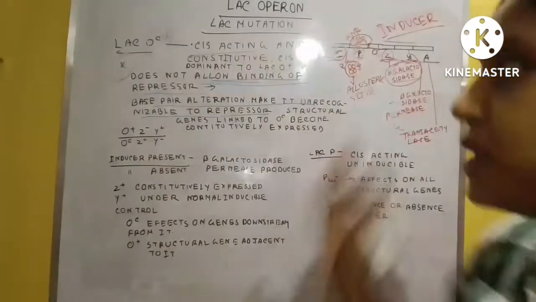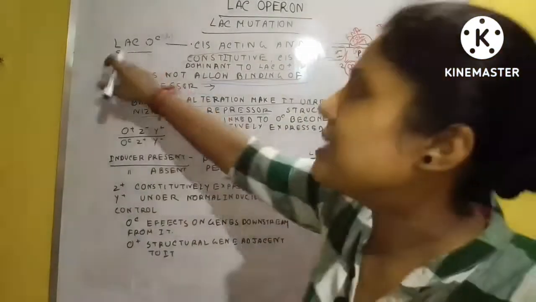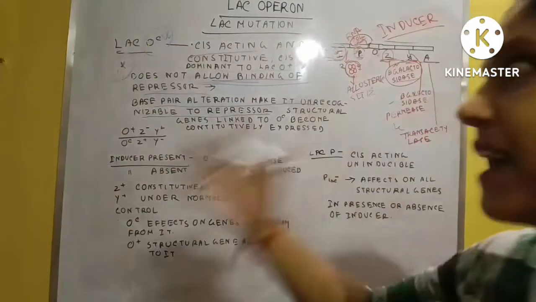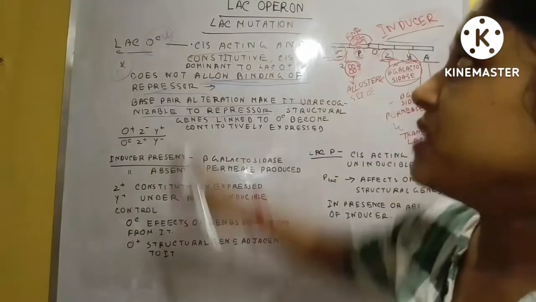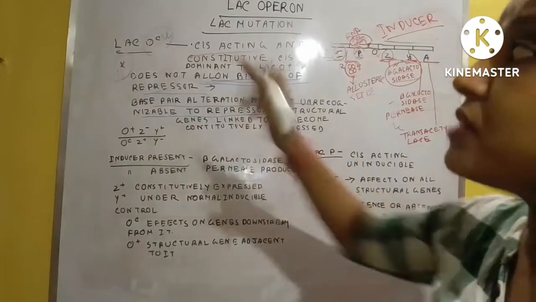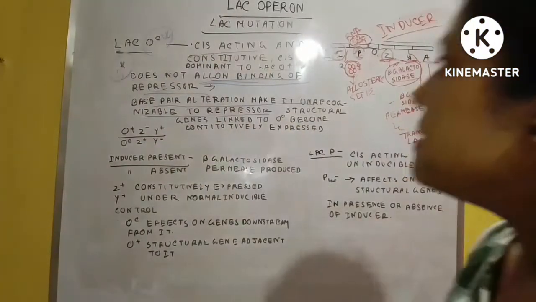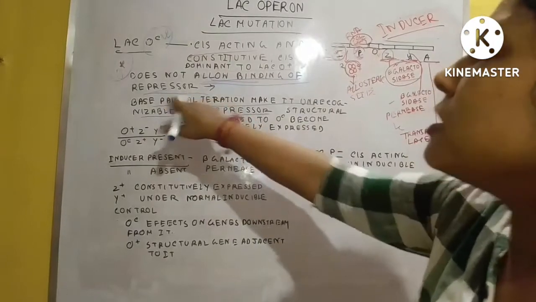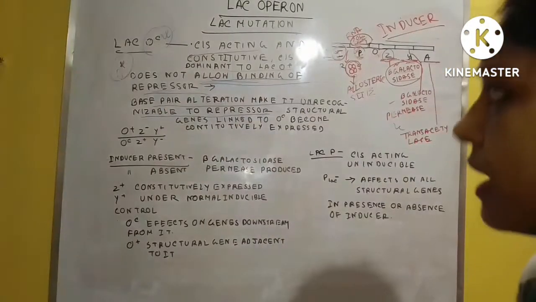Clear? The repressor actually recognizes the O plus site, so it can easily bind to the O plus site. But in case of the formation of this mutation, the repressor cannot recognize this site. Why? Because here the base pair alteration occurs.